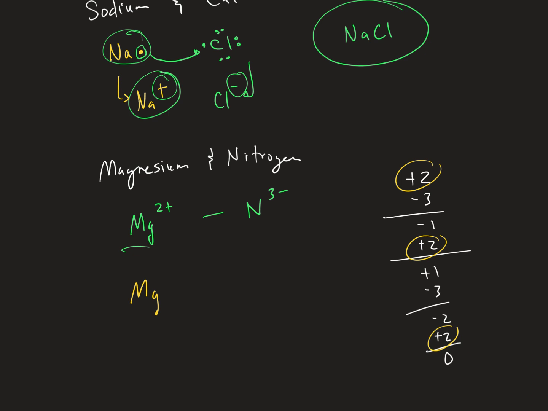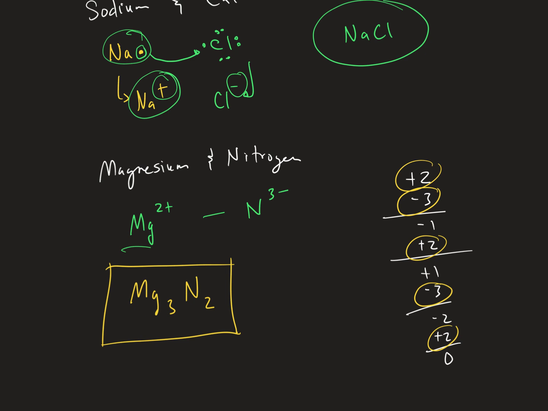So we got 3 of those. And how many nitrogens do we have? 1, 2. And only 2 of those before it's neutral. So that is the chemical formula for a compound with magnesium and nitrogen in it.